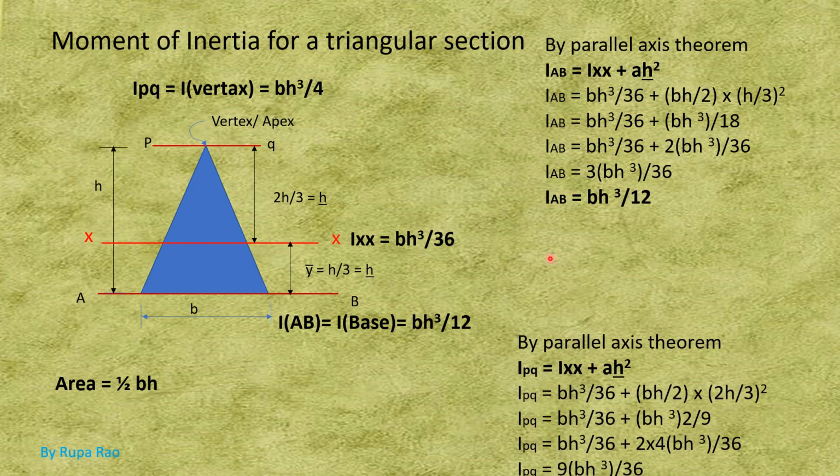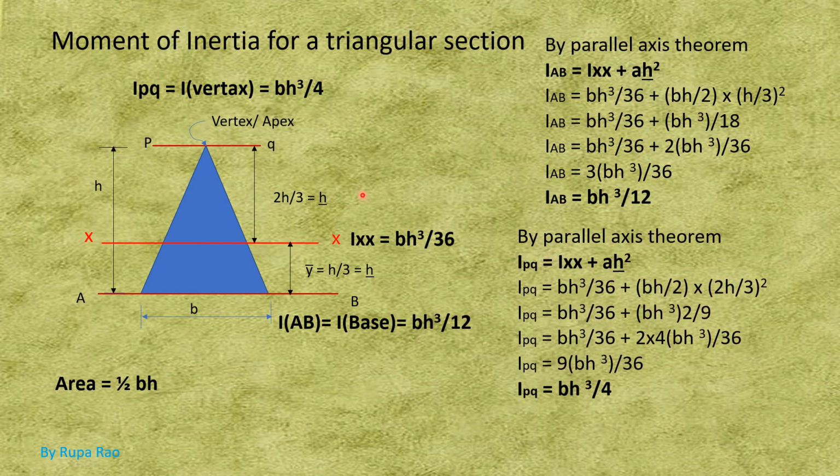Similarly, if I apply the parallel axis theorem to this axis PQ, then I_PQ will be Ixx plus A h square. This h is underlined. So I_PQ is equal to Ixx, which from here is bh cube by 36, plus the area, b into h divided by 2, half base into height, the area of the triangle. Now what is this h here?